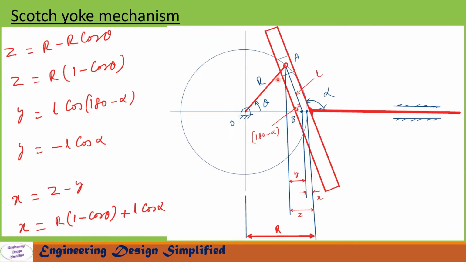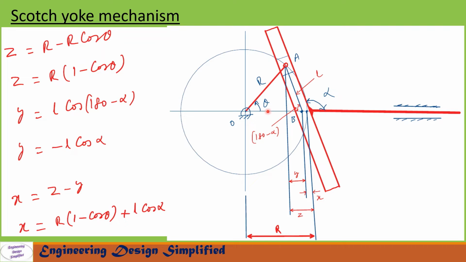So when the crank is at 0 degrees, that is theta is 0 degrees, crank is horizontal on this line. So in this position, the center point of this blue color box, that is slider, will be at this point. So from this point to this center of this crank is R, that is radius of the crank.